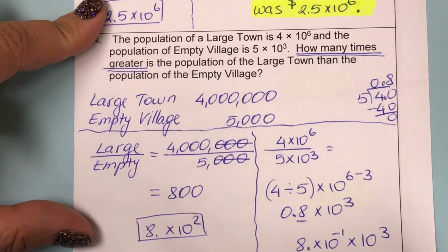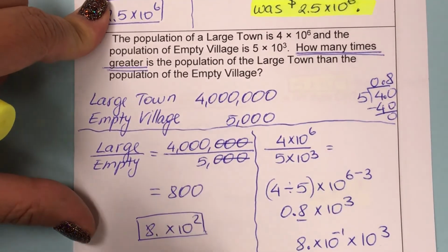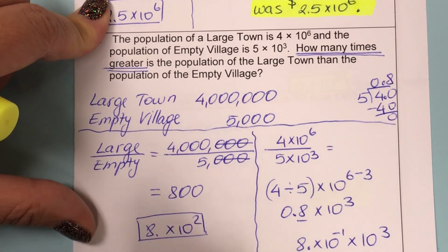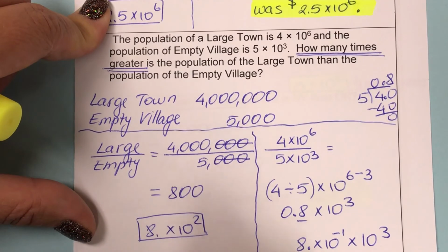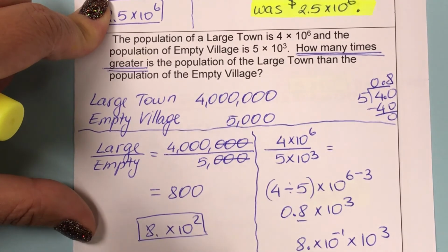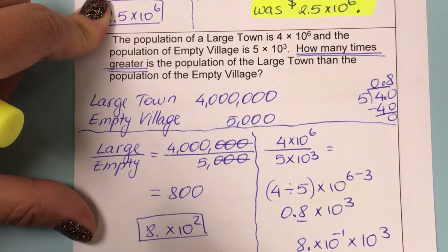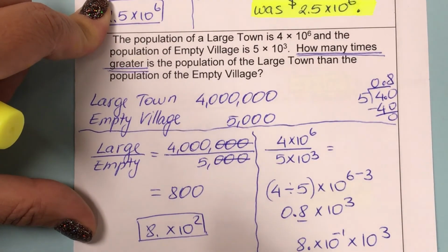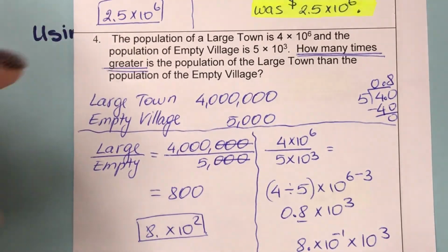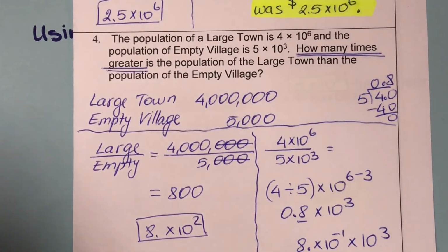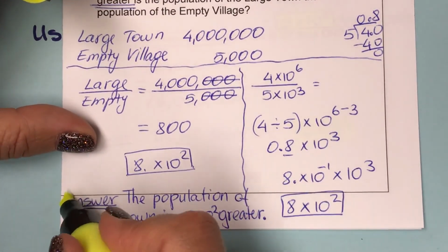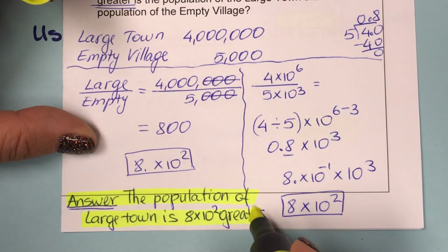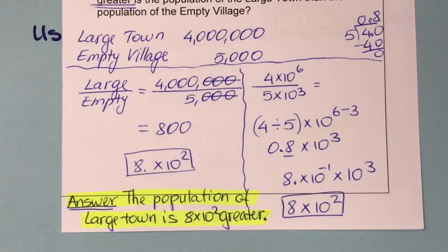So to answer how many times greater is the population of the large town, you say the population of the large town is 8 times 10 to the 2nd power times greater.